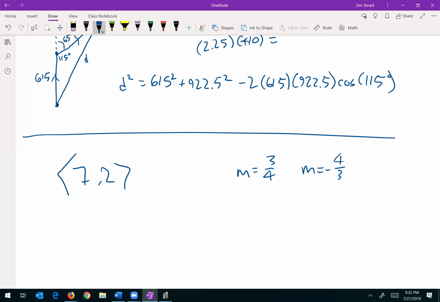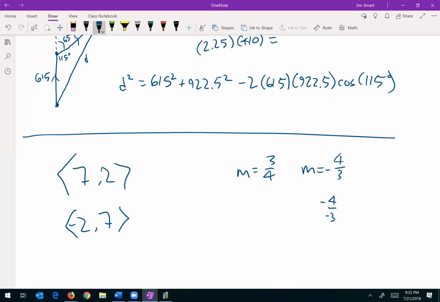But just be careful. You reverse them, but you don't want to negate both of them. Because what would happen if you had -4 over -3? You'd have positive 4/3. So you only negate one of them, and it doesn't matter which one. You could negate the 2 or the 7.